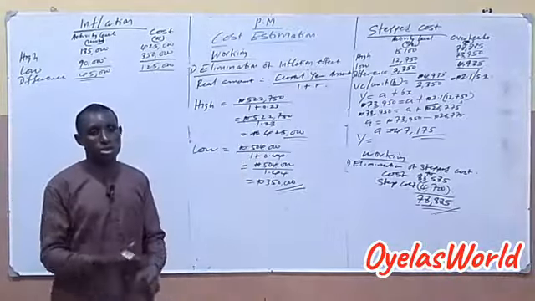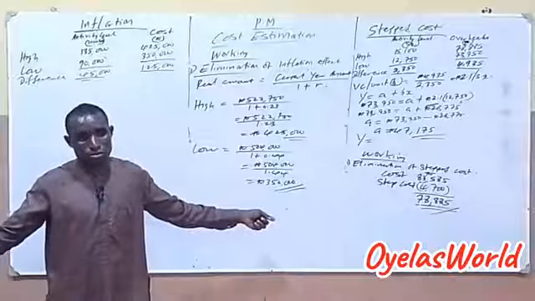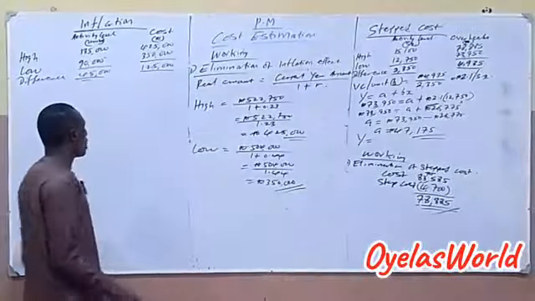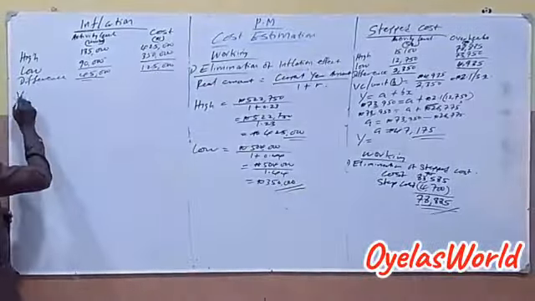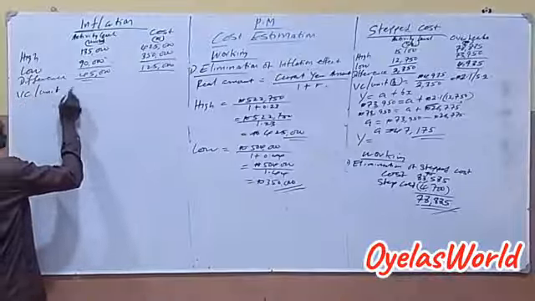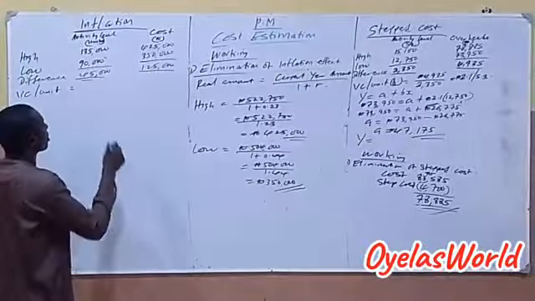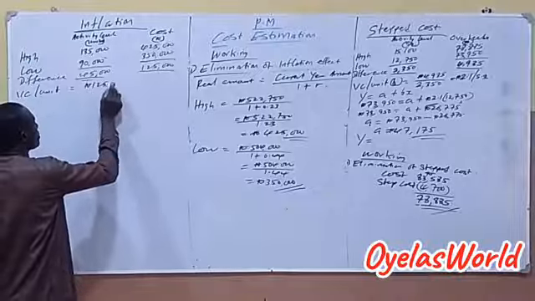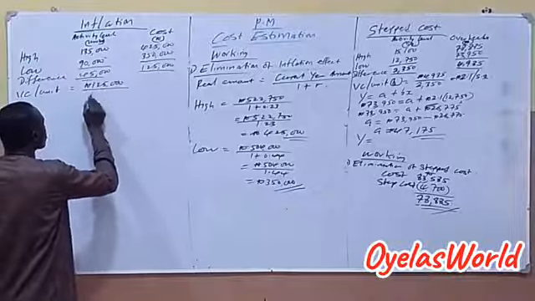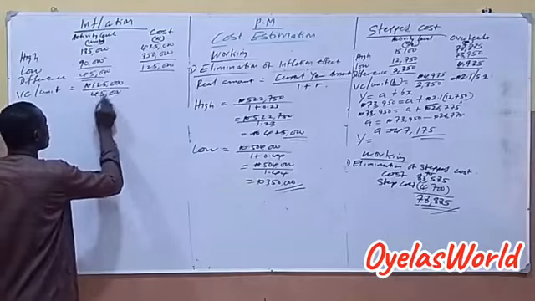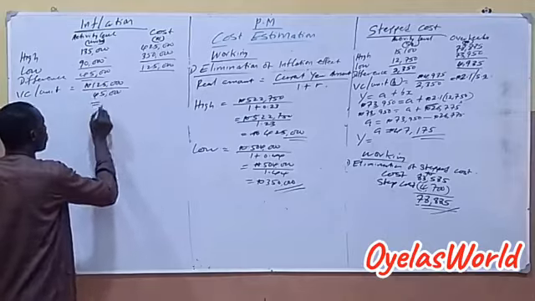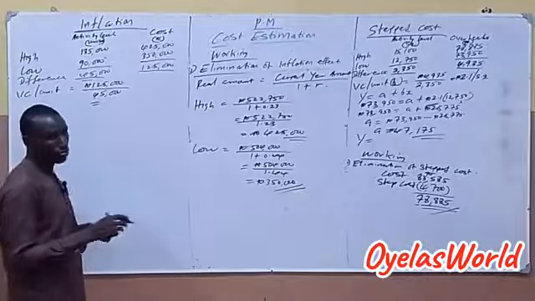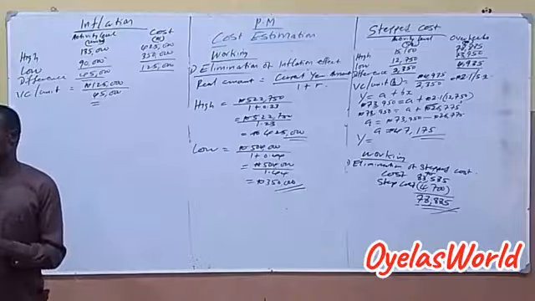You have removed the inflation now. Therefore, the variable cost per unit will be the changes in cost, which is 125,000, as a result of changes in the activity level. What do you have here? Is it approximation?